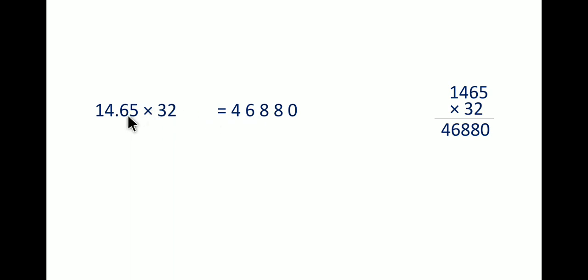Now there are 2 digits after the decimal, or we can say the decimal point is in front of 2 decimal places. So counting it from the right hand side, 1 and 2, that means the decimal point is supposed to be here. So you'll get 468.80, and that's the required answer.